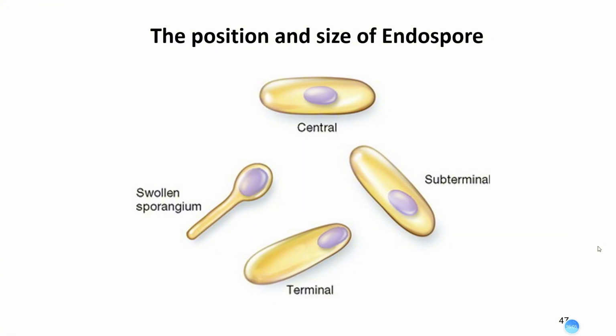And some endospore diameter is bigger than the cell, like this one. So it will form this swollen end, drumstick-like endospore, so you can find characteristic structure like this, and it can help you to determine the type of bacteria.